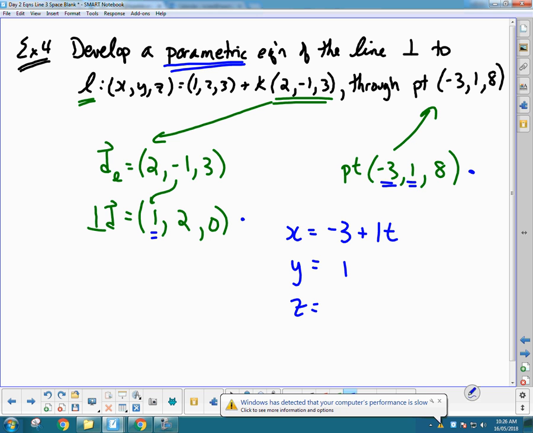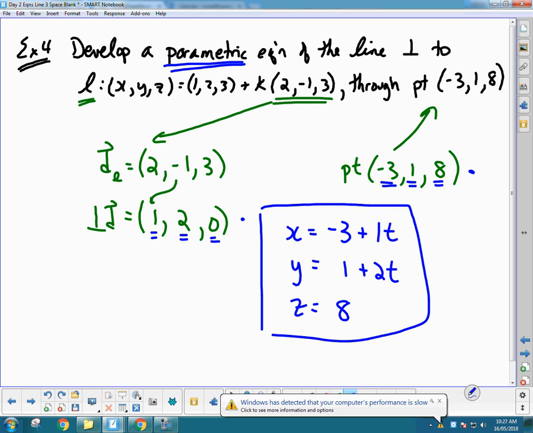Point is 1, direction vector plus 2t. 8, and there, so that's just 8. You could write 0t, but it's not necessary. And I could have used k as the letter as well. It just seems like every time we do parametric we use a t, but that's not a rule.